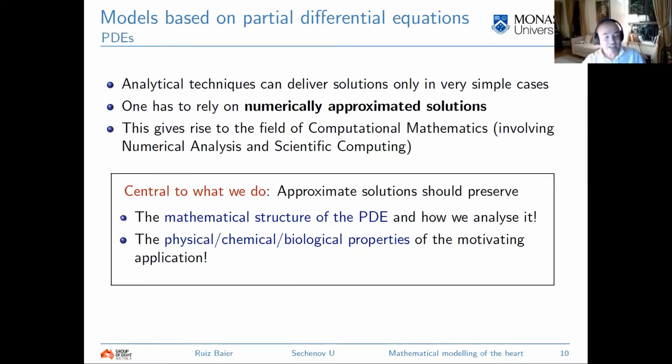So I can give a very beautiful picture of how a virus spreads over a population, but if it's not informed by or not in accordance with the actual data of a specific country, then that model is just useless, because we are not approaching at all what the actual scenario is.